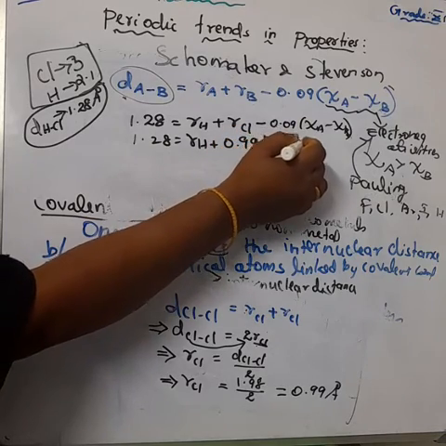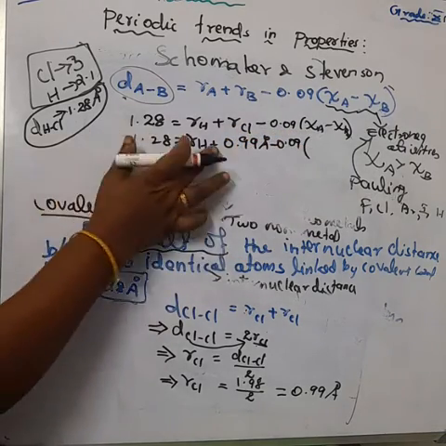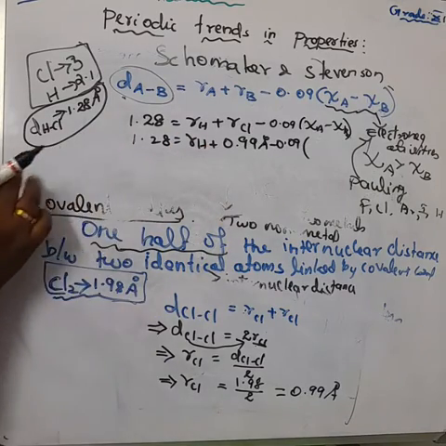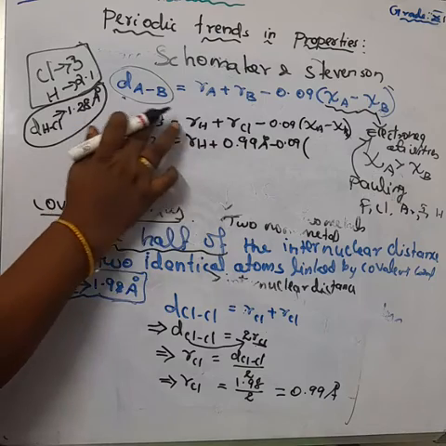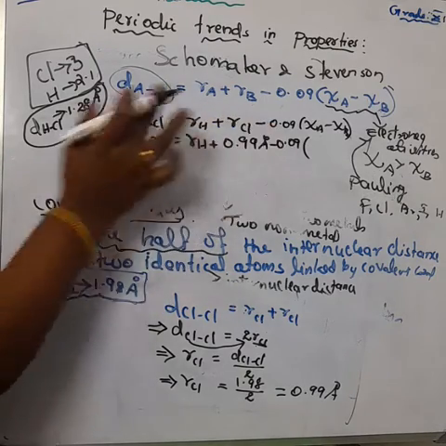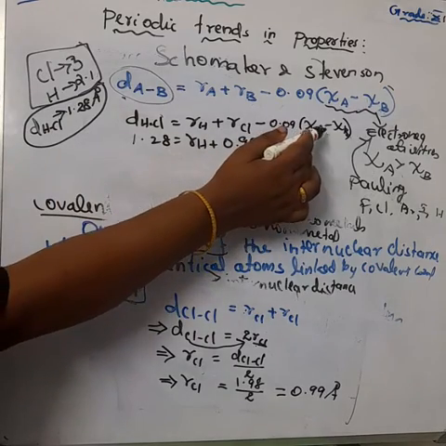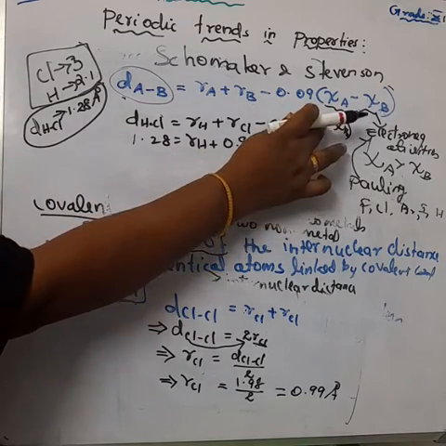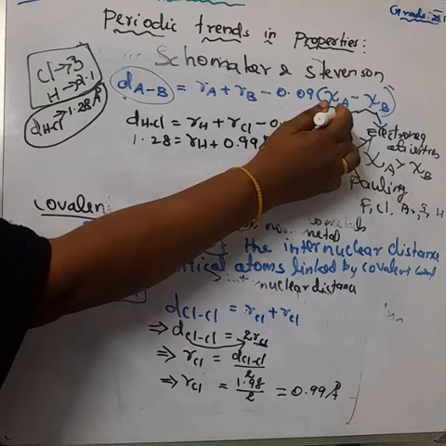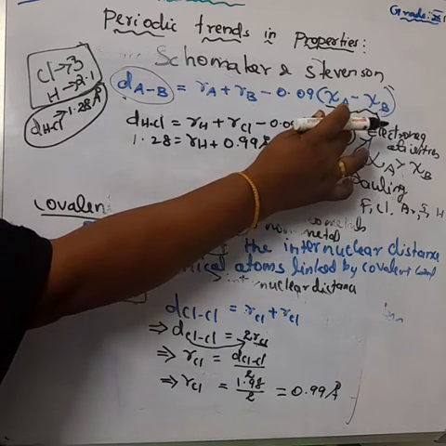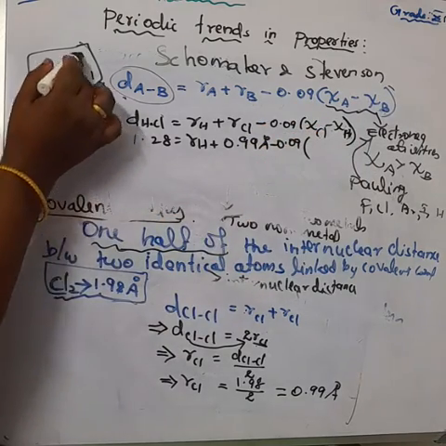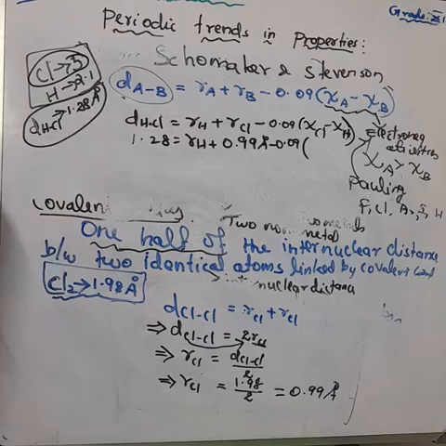What is the formula we are using here? D_HCl is equal to R_H plus R_Cl minus 0.09 into (χ_Cl minus χ_H). Why are we writing χ of chlorine first? Because the electronegativity value of chlorine is high, that is 3, and hydrogen is only 2.1.